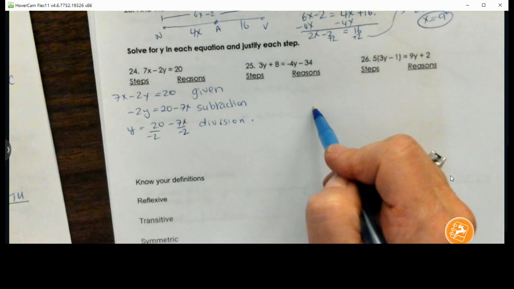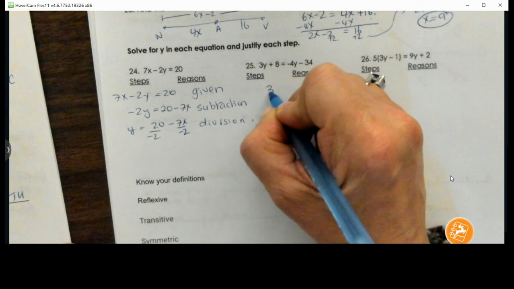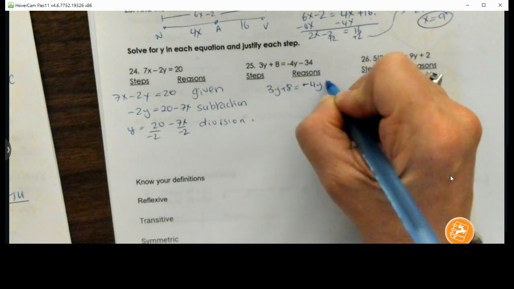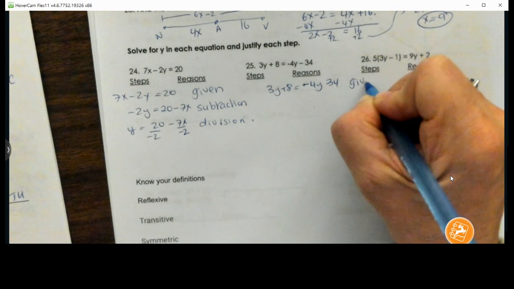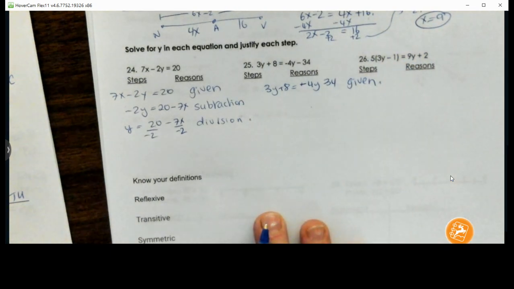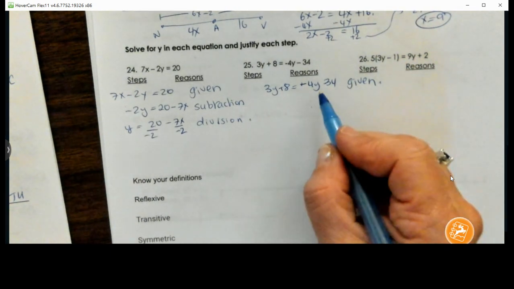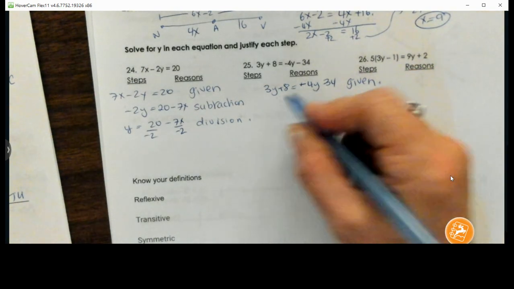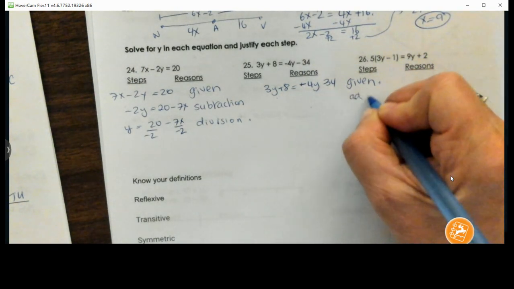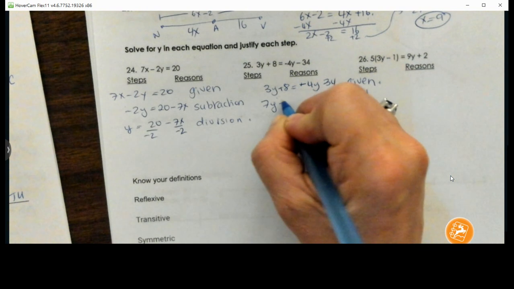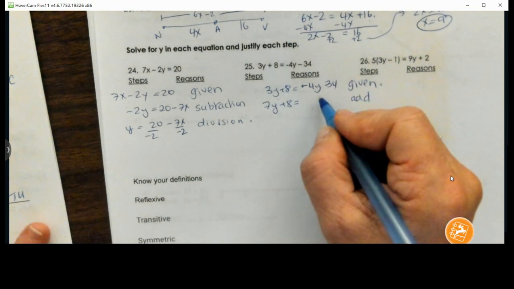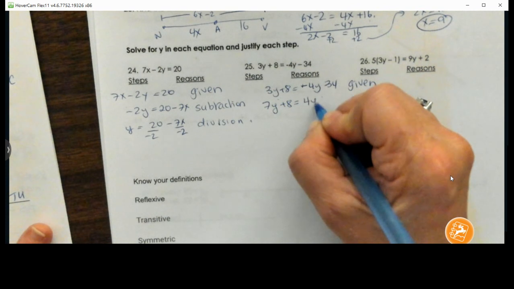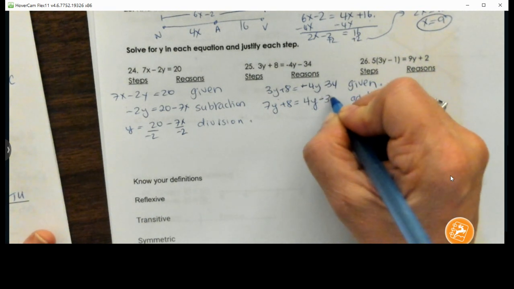Let's do this one. Very similar. I have 3y plus 8 is equal to negative 4y minus 34, and that's given. I'm going to add 4y to both sides. So I end up with 7y plus 8 is equal to negative 34.